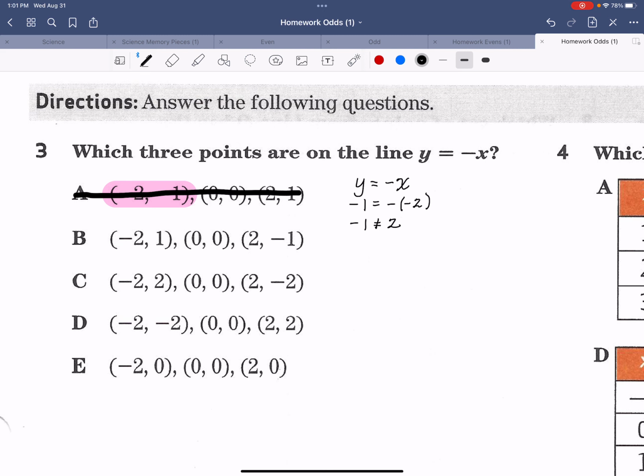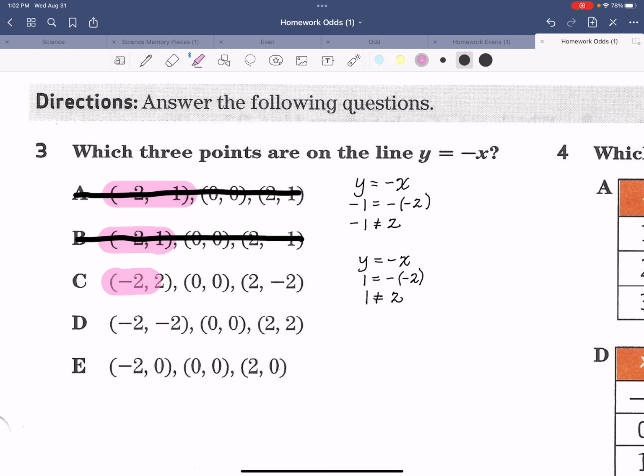Okay, let's try the first point in option B. So we have y equals -x. Let me just highlight the one that I want to use. This is the point that we're testing. So 1 equals -x. 1 equals 2? No. So this is not the one I'm looking for.